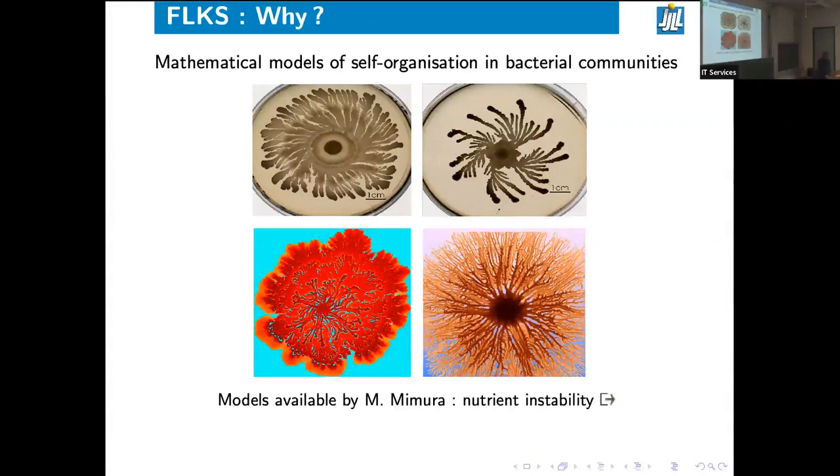I couldn't really hear the previous question, so I apologize if I'm asking the same thing. So this is a result of growth and motion. Your model will capture the growth pattern as well? Yes, the model of Mimura contains a growth term depending on the food available.